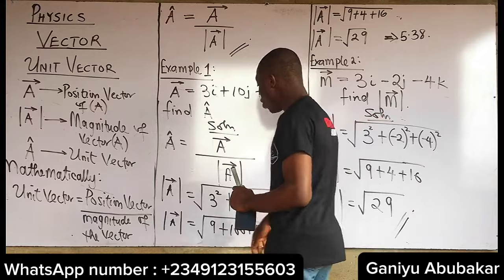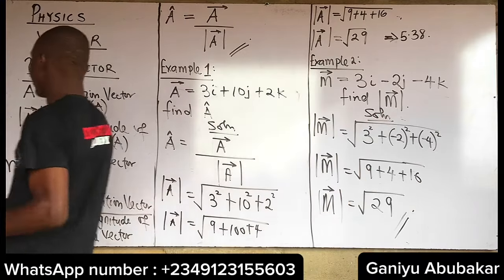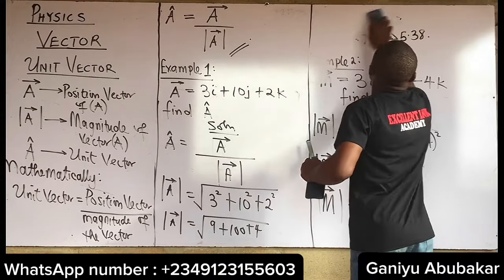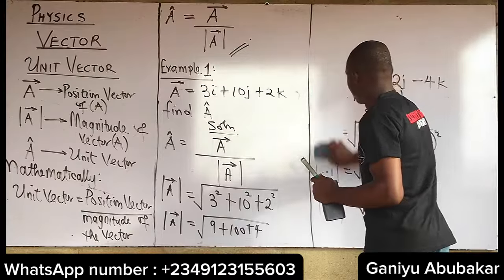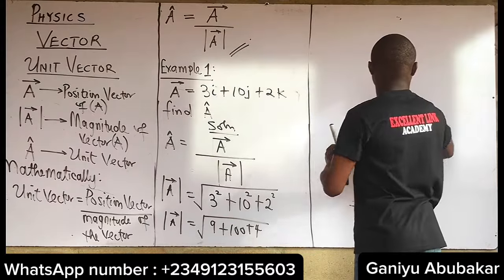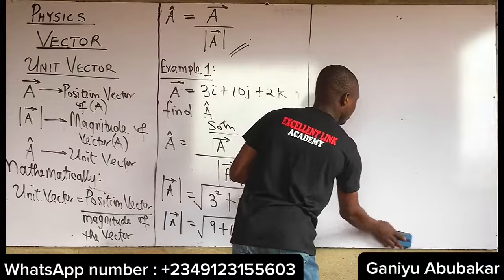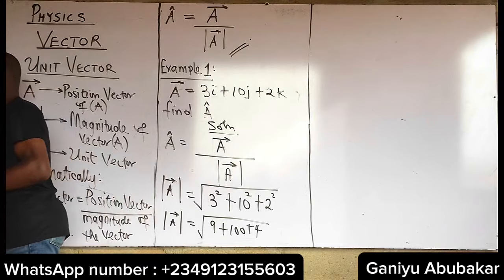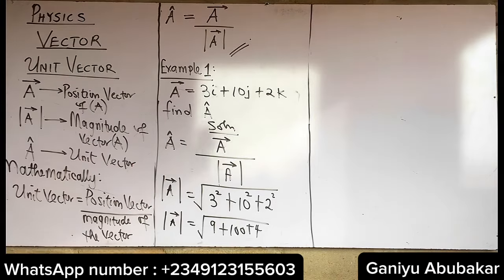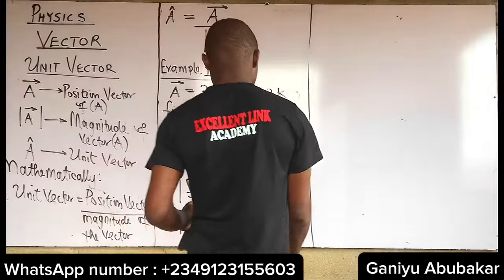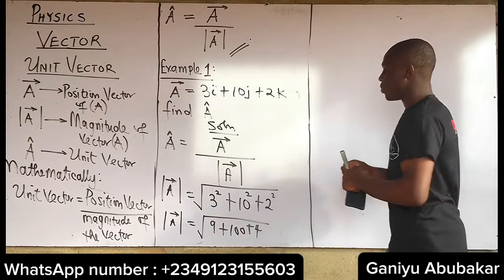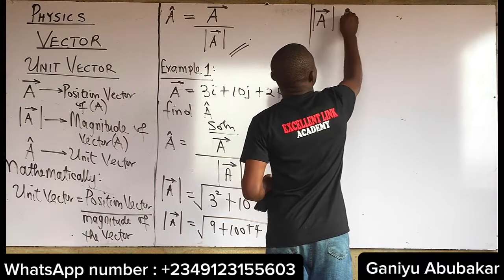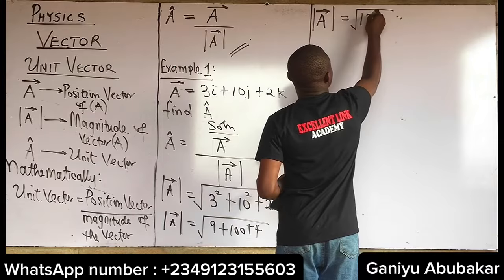If I sum them up together, the modulus of vector A is equal to the square root of 113.